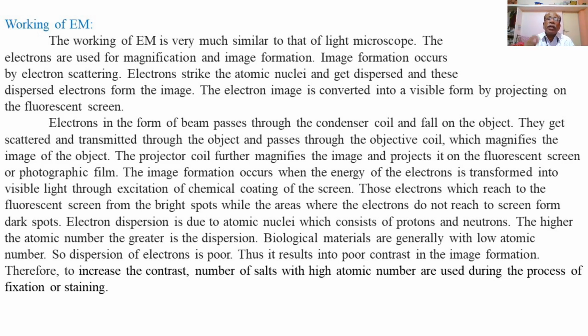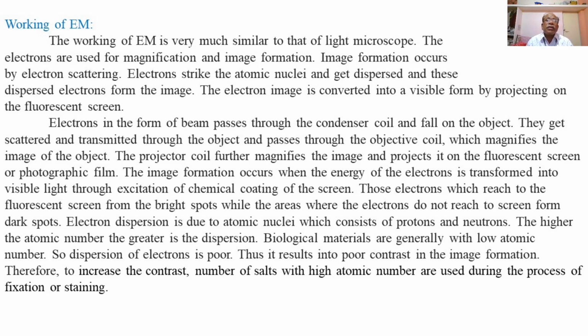the object and pass through the objective coil, which then magnifies the image of the object. The projector coil further magnifies the image and projects it on the fluorescent screen or a photographic film. So this is the actual mechanism of the image formation, magnification, and also its projection onto the fluorescent screen.